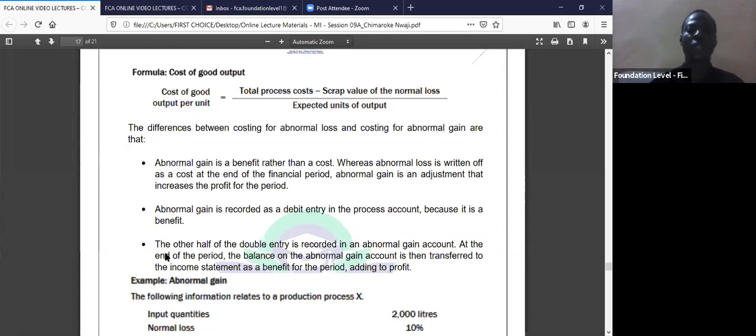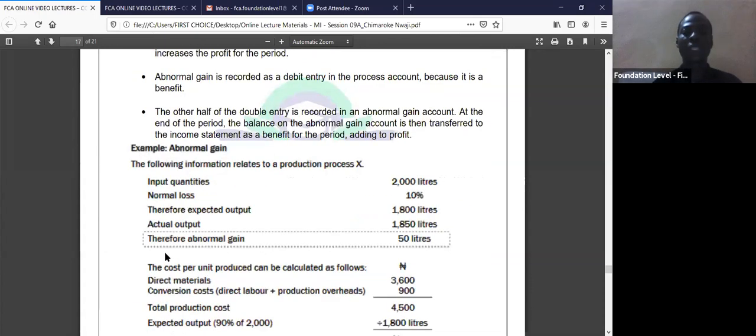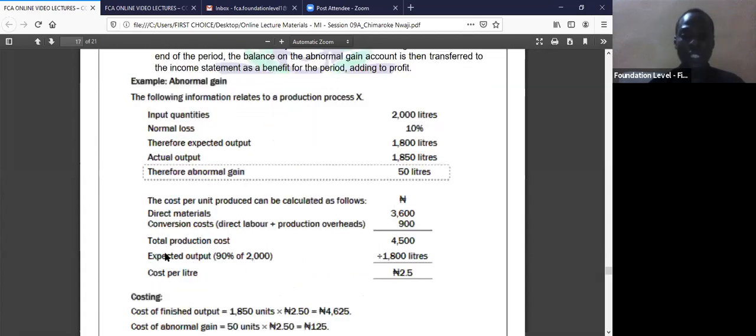Now look at an example here. While we were expecting 1,800 units or liters, what came out is 1,850 liters. And you may be wondering, how did it happen?